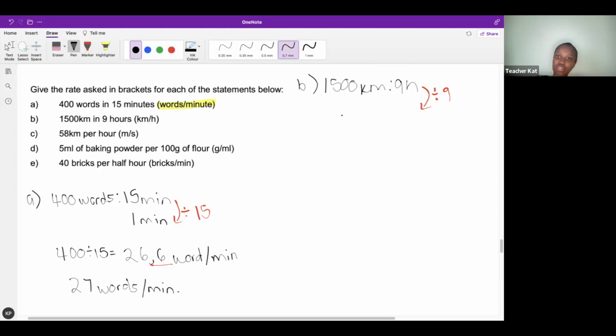So what's 1,500 divided by 9? 166.6 kilometers an hour. Can I leave this one as a decimal? I can. Remember, distance can have decimals, right? I can say you traveled 1.5 kilometers. That's possible because it's a measurement.